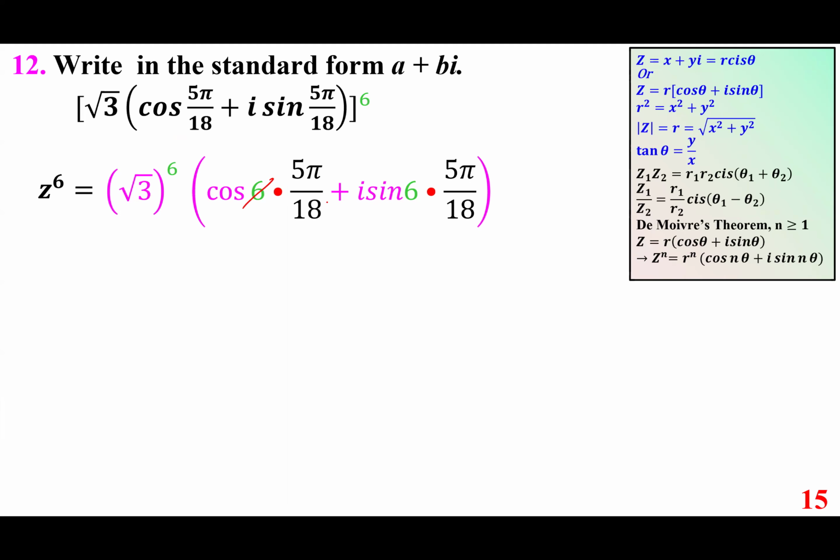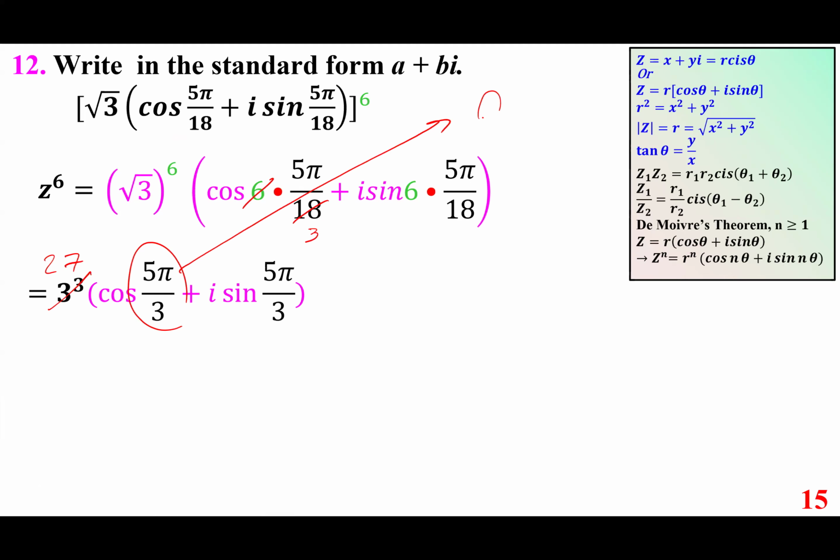So 6 cancels out the 18. Now, 5 pi over 3. So 3 cubed obviously is 27. 5 pi over 3. The reference arc is pi over 3. And because this is the fourth quadrant and cosine is positive, cosine of 5 pi over 3 is identical to cosine of pi over 3.